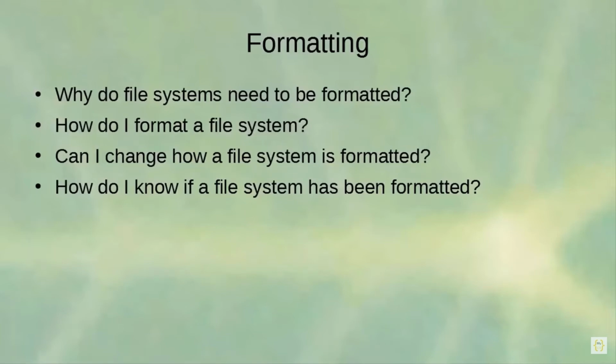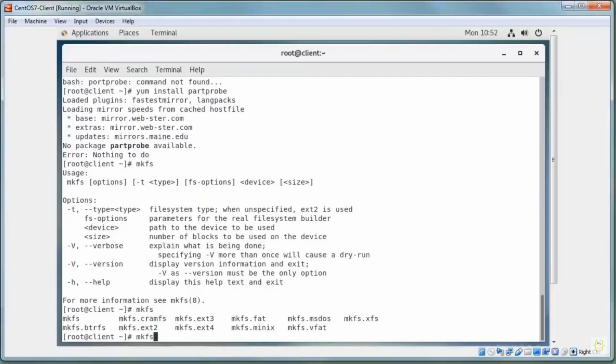So let's go ahead and create a file system. So I'll jump right in here. I'm going to create this one as ext3. So mkfs ext3, and the question is, which partition is it?